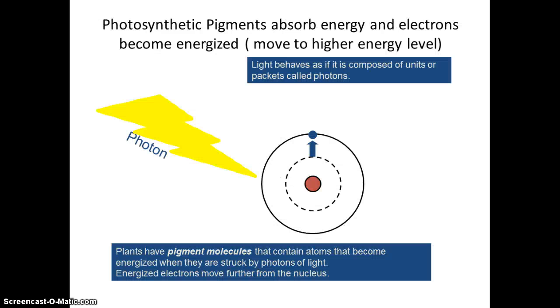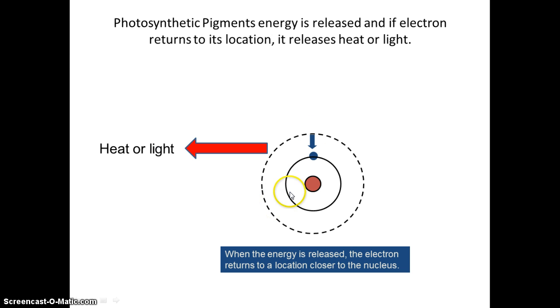So when the light hits the atom, the electron gets excited and moves to an outer orbit energy level. If that electron is not accepted by another molecule, it'll fall back to its original orbit, and that energy is then released as heat or light.